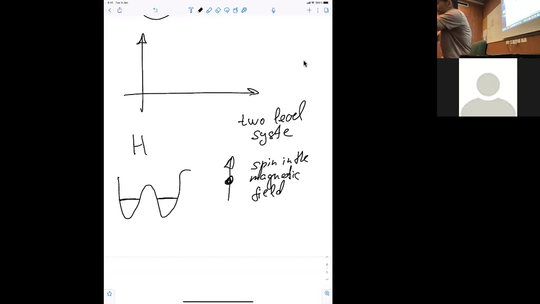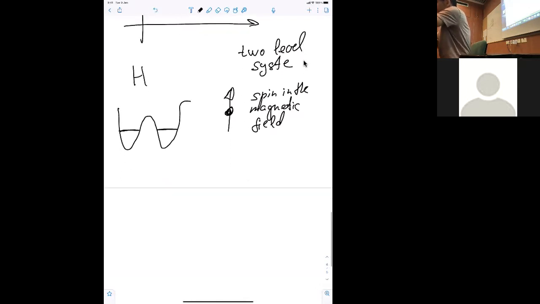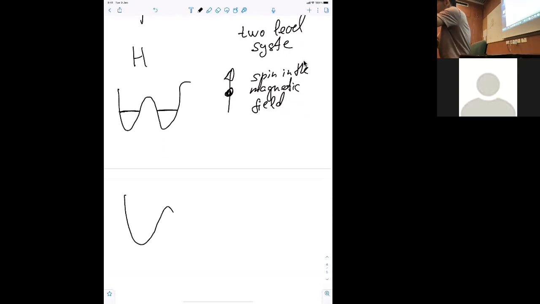Okay, so we have two wells that are nearly degenerate, and if we take into account hybridization, then we'll see that this system actually has two levels. One level corresponds to a symmetric configuration of the wave function. Another corresponds to an anti-symmetric configuration of the wave function.